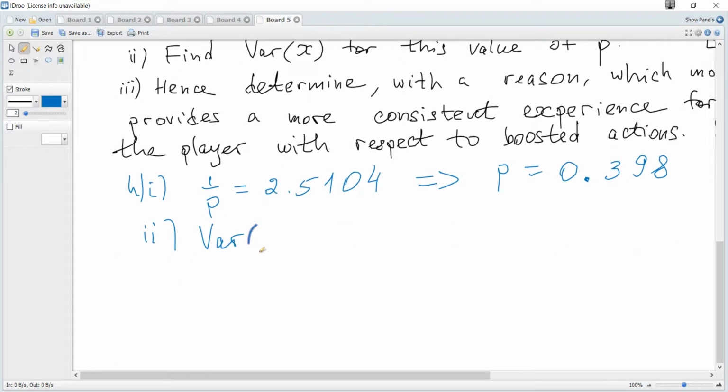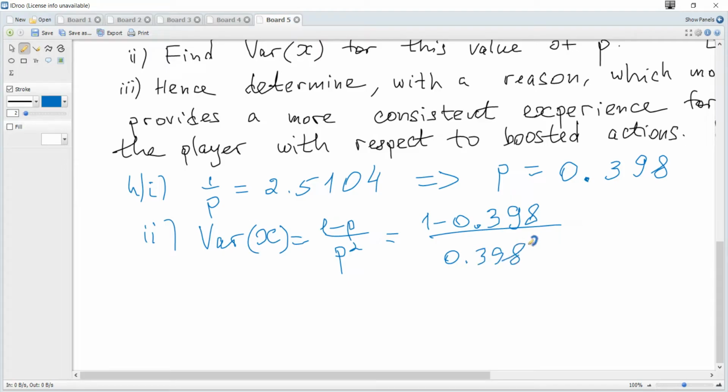So variance of x is 1 minus p over p squared, and substituting this value for p, it becomes 1 minus 0.398 divided by 0.398 squared, and it is equal to 3.80 to 3 significant figures, and it's 3.79 if you use exact values. We use rounded to 3 significant figures, so we get this result.